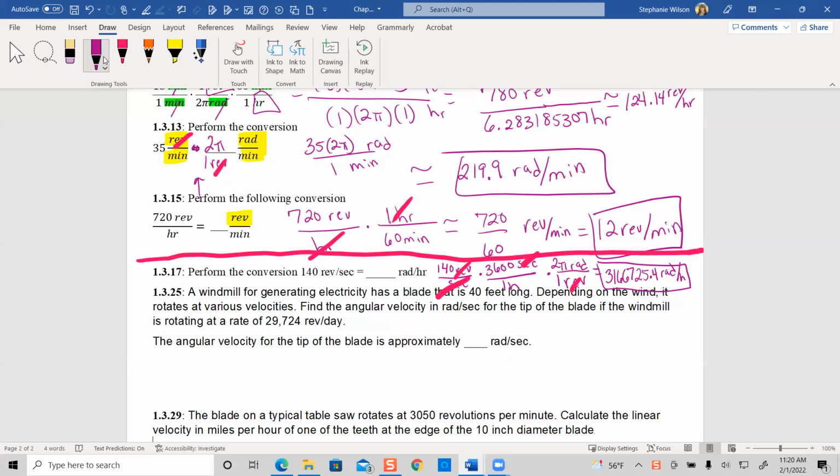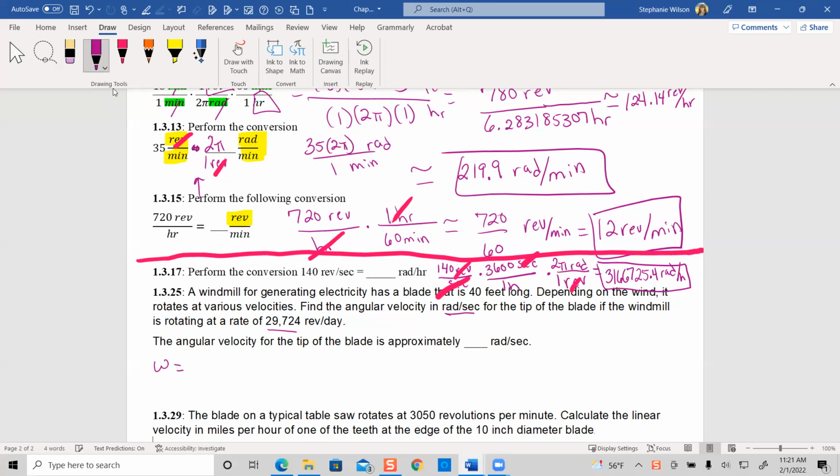All right, it says a windmill for generating electricity has a blade that is 40 feet long. Depending on the wind, it rotates at various velocity. Find the angular velocity in radians per second for the tip of the blade if the windmill is rotating at a rate of 29,724 revolutions per day.